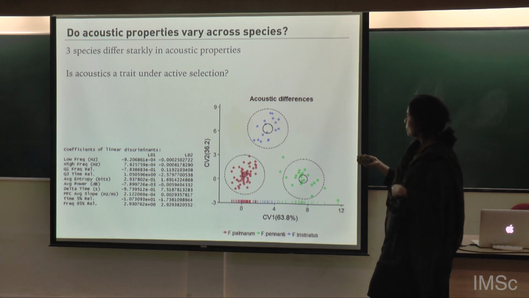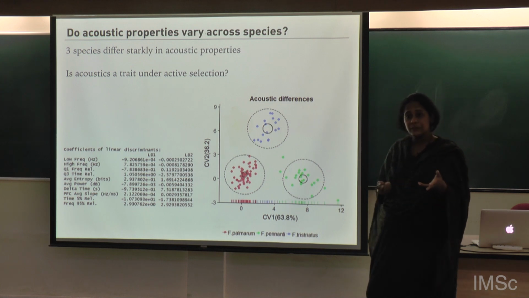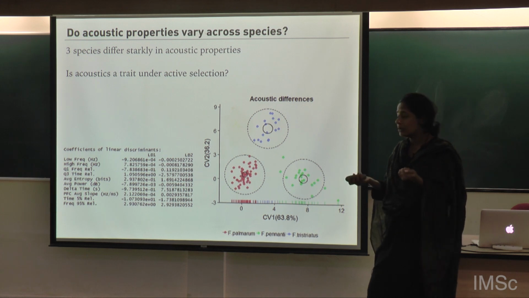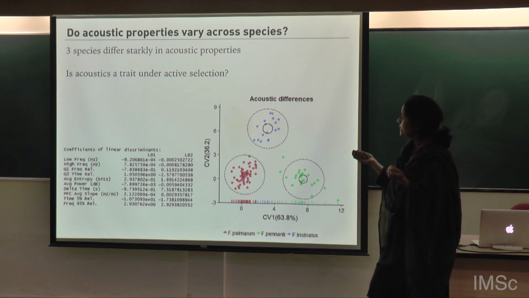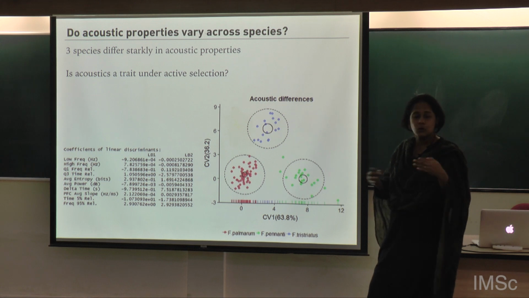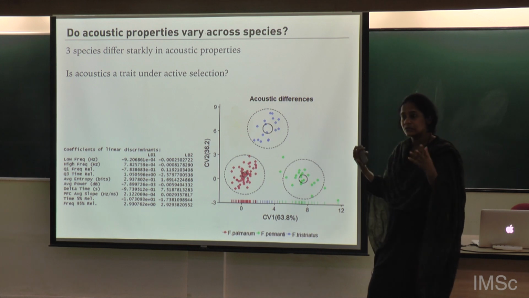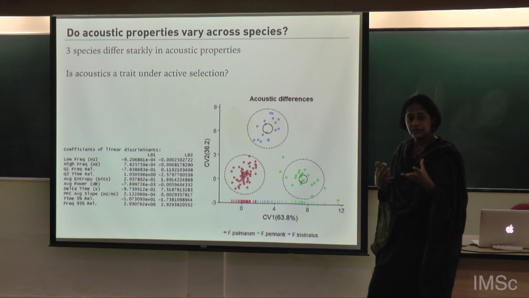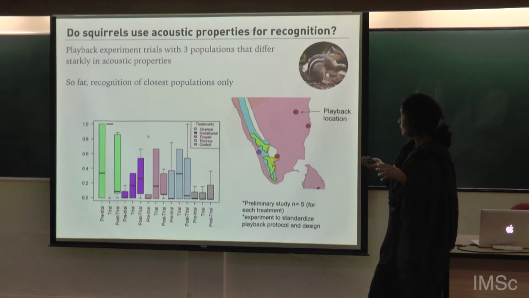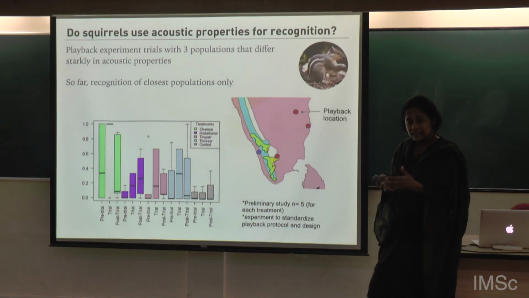All right, so across 3 species though, we see that the 3 species have very distinct calls. So if calling is a species trait, or a signal for a species, then one species should recognize only its own species, not another species, because these 3 species call very differently, right? So we conducted an experiment.